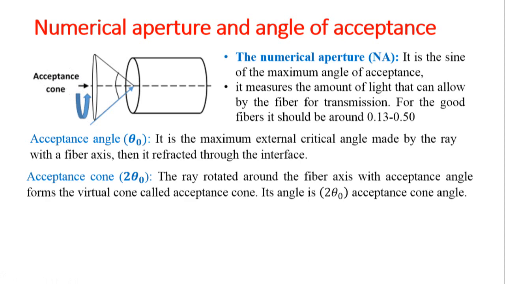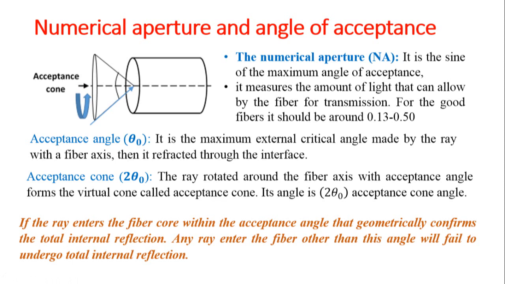Theta naught is the acceptance angle. The ray rotated around the fiber axis with the acceptance angle forms a virtual cone called the acceptance cone. Its angle is 2 theta naught, and this 2 theta naught is the acceptance cone angle.